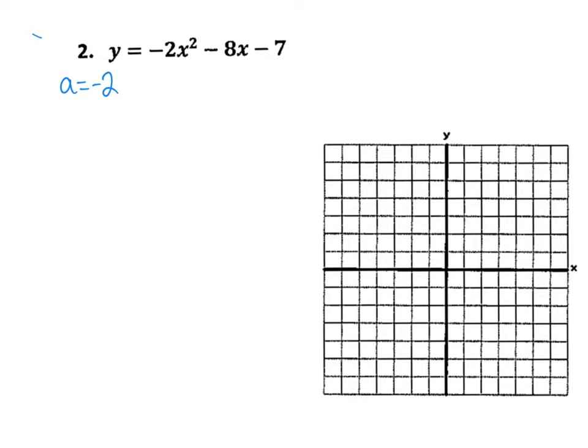So, x equals -b over 2a. I found the first number in my vertex.